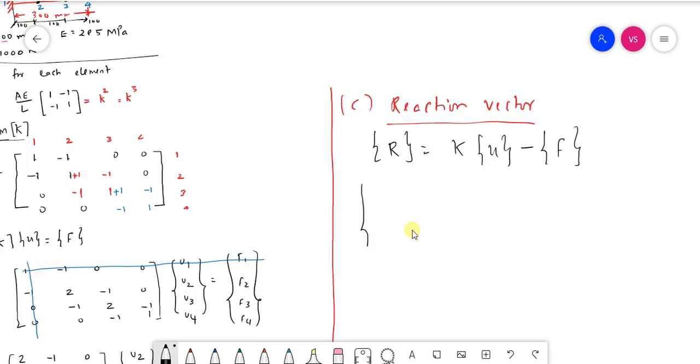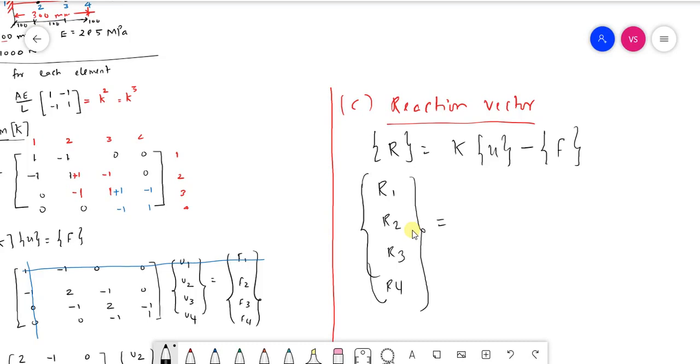This R is in general R1, R2, R3, R4, because in general the nodes can have reaction, but we will put it anyway 0 later.